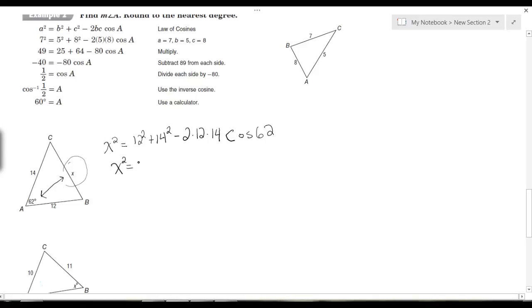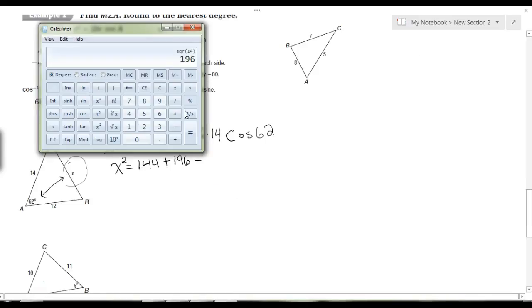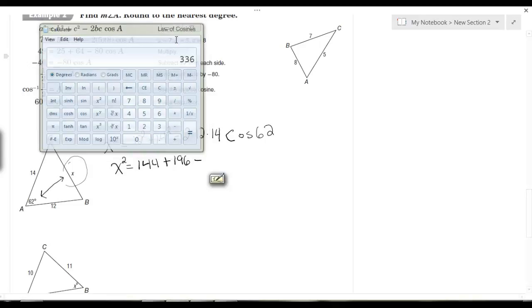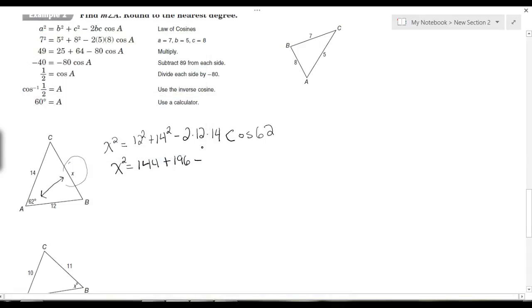X squared equals 144 plus 196 minus 2 times 12 is 24. Let's just go ahead and do 24 times 14 equals 336. So minus 336 times cosine of 62.